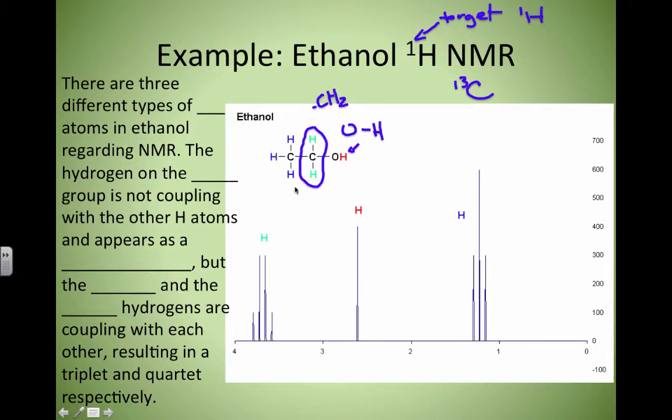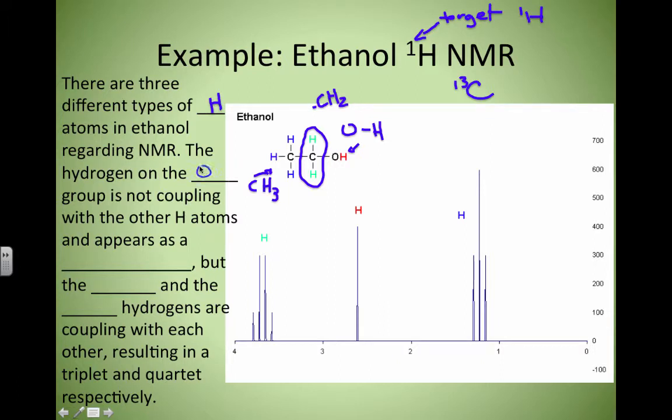We have a different group where they're connected in a CH3 grouping. And those hydrogens will also experience a different electronic environment because the arrangement of hydrogens around those atoms vary. So there are three different types of hydrogen atoms in the ethanol regarding NMR.